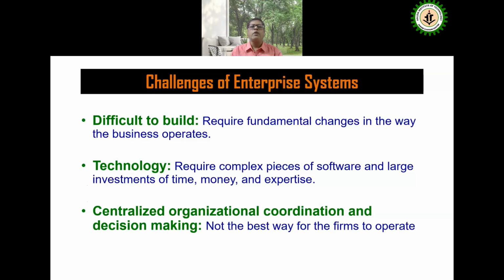Graphically, we can show, that means conceptually, we can think. But whenever the technical feasibility is concerned related to different functions, then integration becomes a very big problem. So it is difficult to build and requires fundamental changes in the way the business operates.